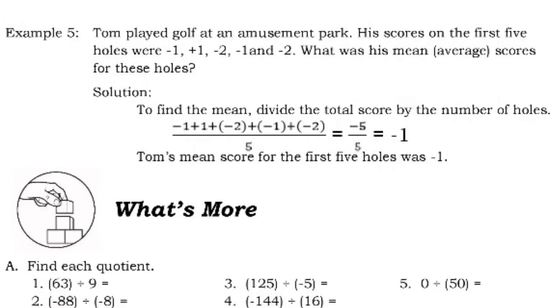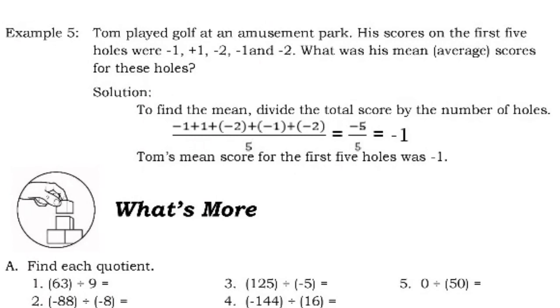Example number 5, Tom played golf at an amusement park. His scores on the first 5 holes were negative 1, positive 1, negative 2, negative 1, and negative 2. What was his mean or average score for these holes? So to find the mean, divide the total score by the number of holes. So you're going to add the 5 scores divided by 5.